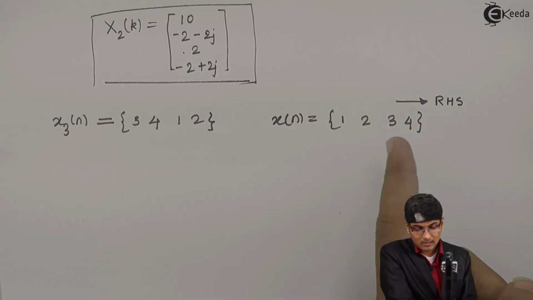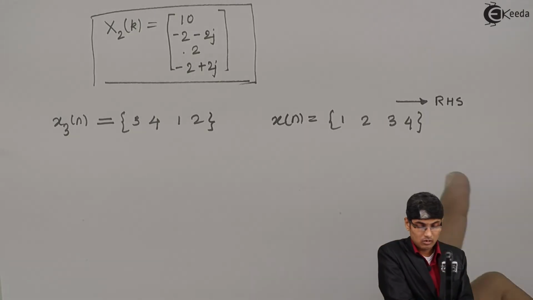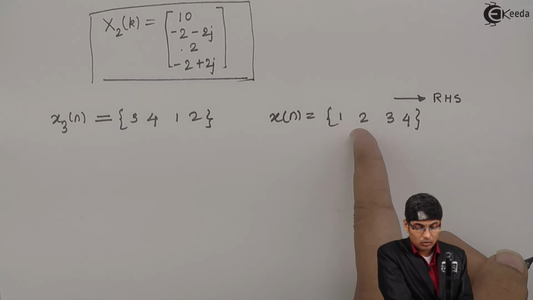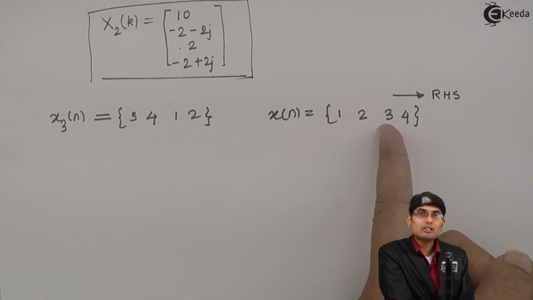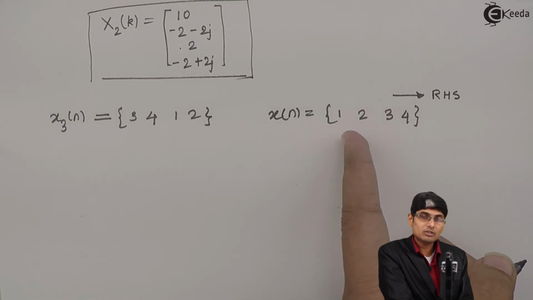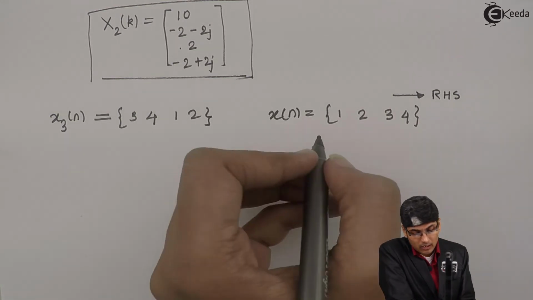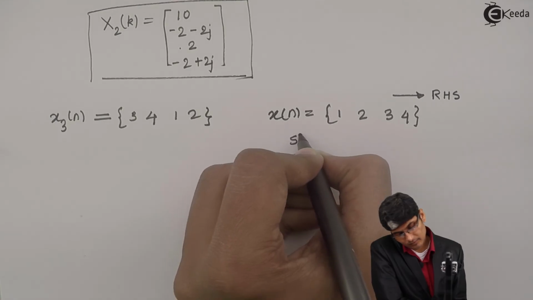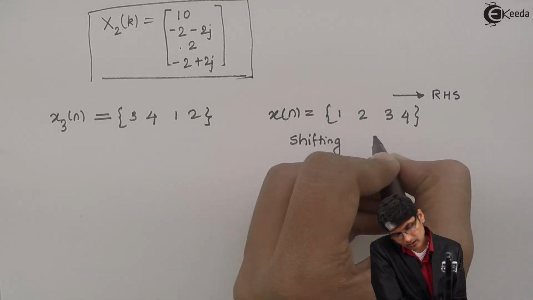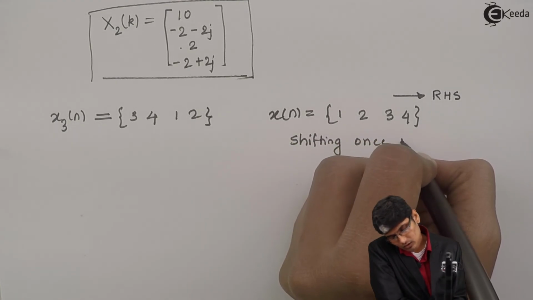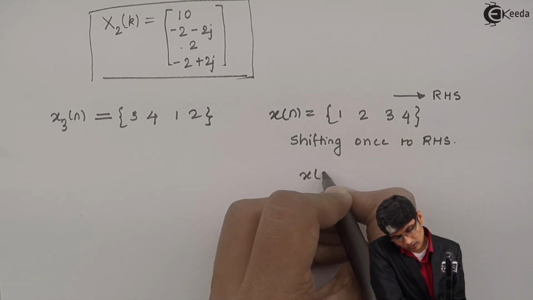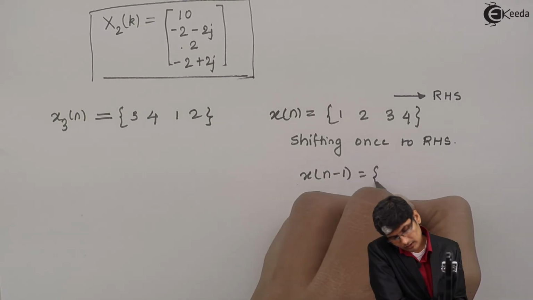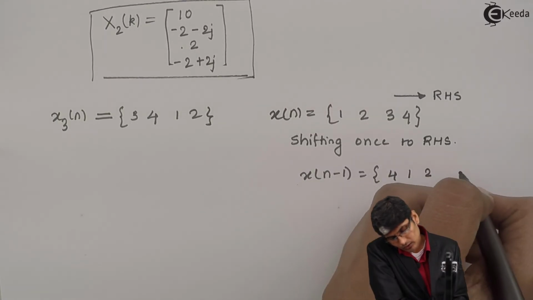If I shift once, 3 will take the position of 4, 4 will be dumped out, 2 will come, 1 will come on 2's position, 2 will come on 3's position, who will take 1 position is 4. Then if I shift once, shifting once to right hand side will produce X of n minus 1, which is 4, 1, 2, 3.